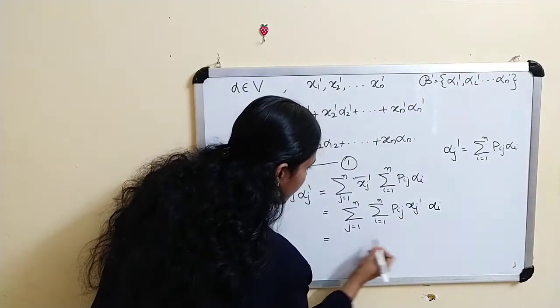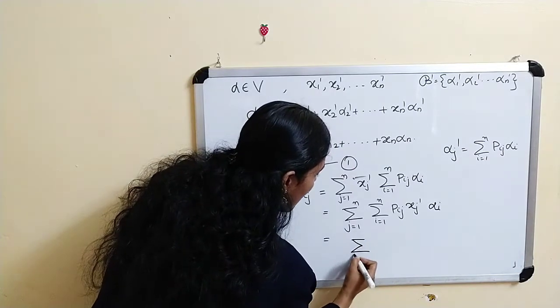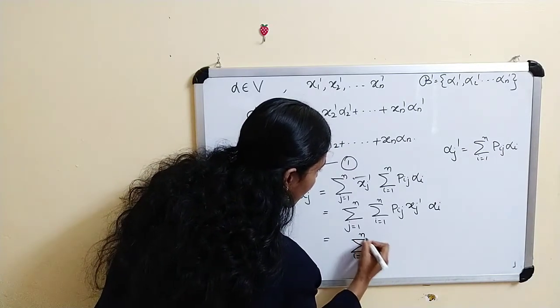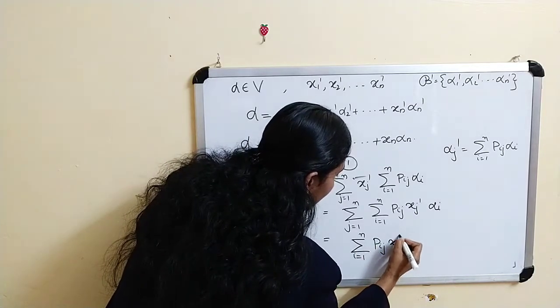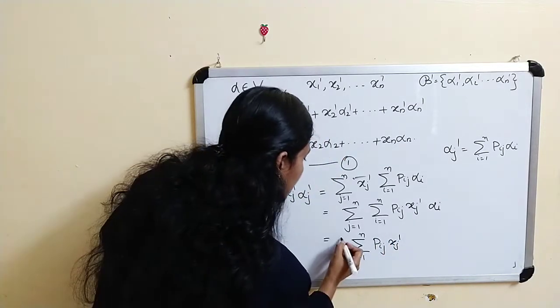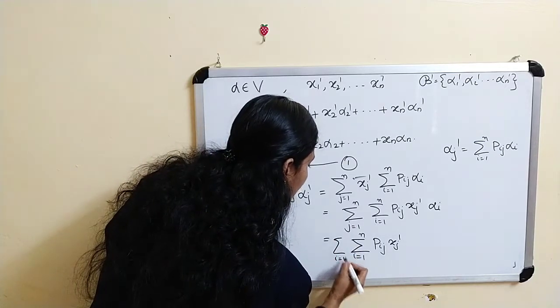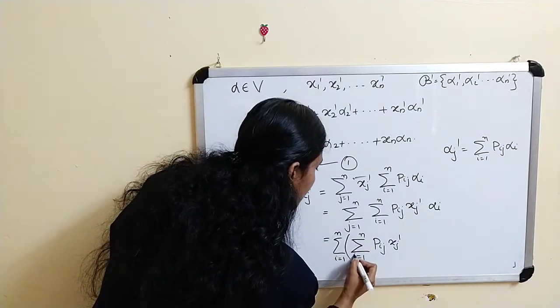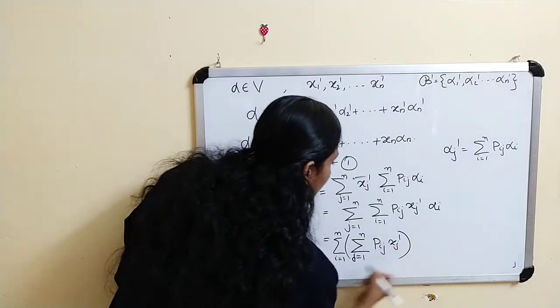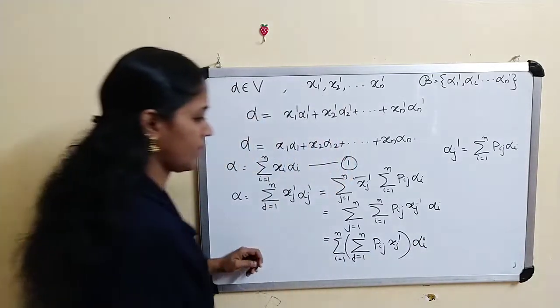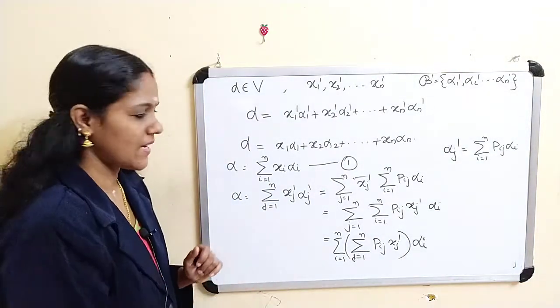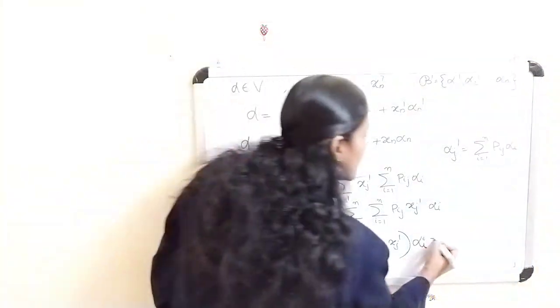You can also interchange the sums: sigma i varies from 1 to n, sigma j varies from 1 to n pij xj dash alpha i. You can write it like this. This is equation 2.